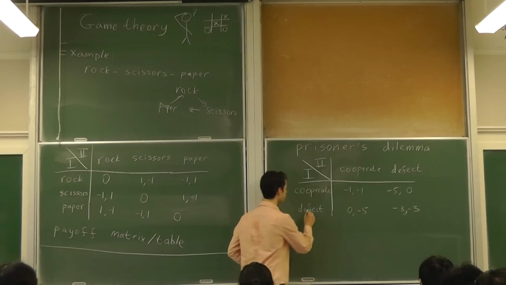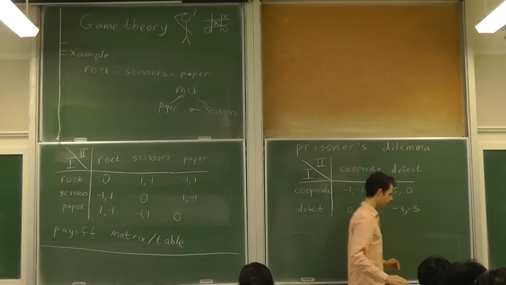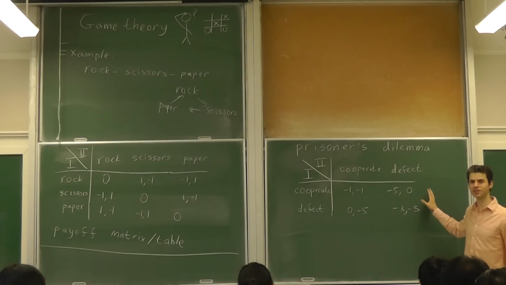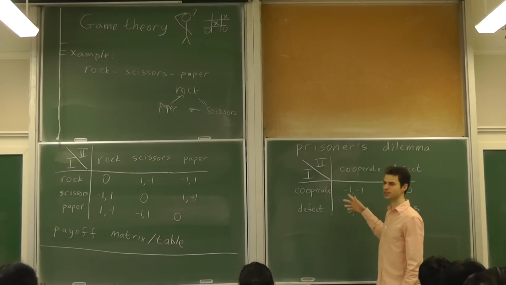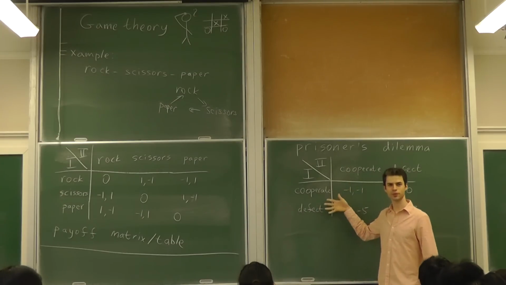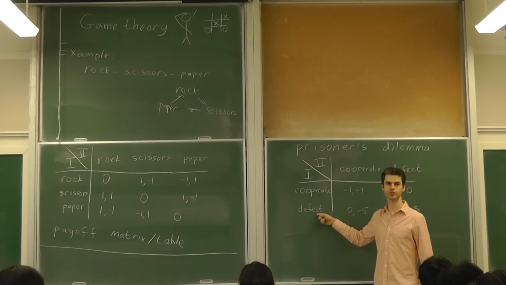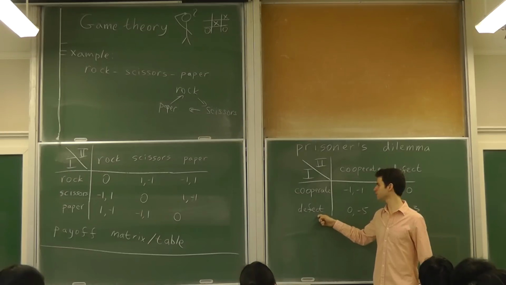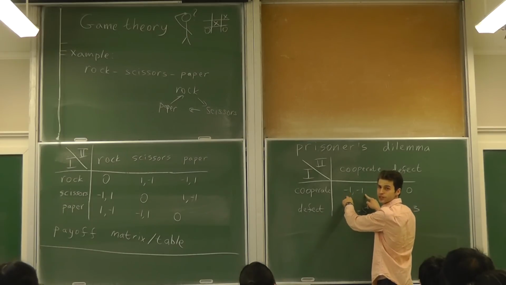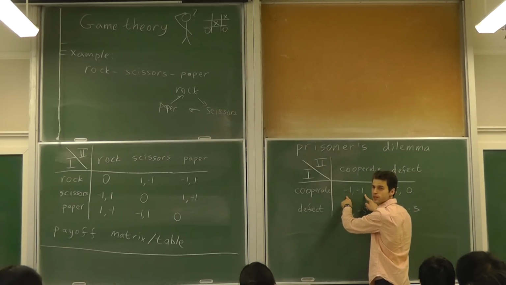So let me discuss this game. First of all, how this game is played. Two players, so once again face each other, each one chooses one of the two strategies, to cooperate or to defect, and the payoff is, let's say, if both choose to cooperate, the payoff is -1 to each one of the two players.